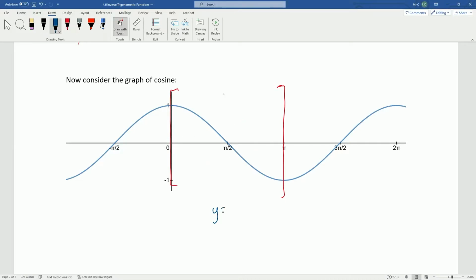So when we look at the restricted cosine function here, we're just looking at cosine with domain from 0 to pi, including 0 and pi, and range is still -1 to 1.